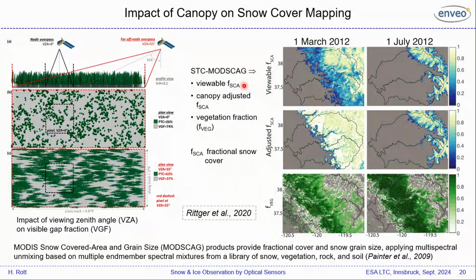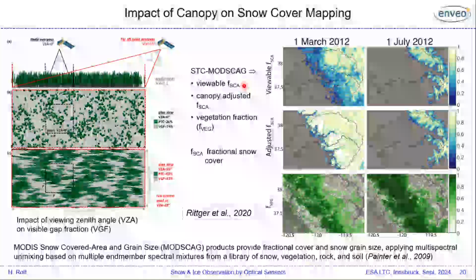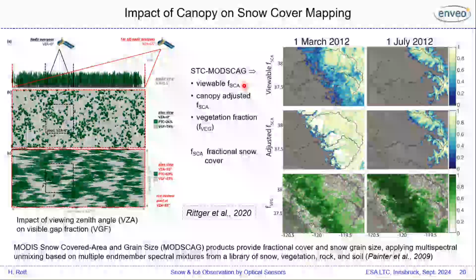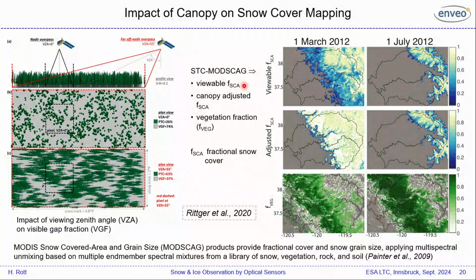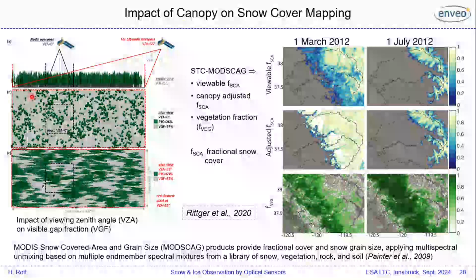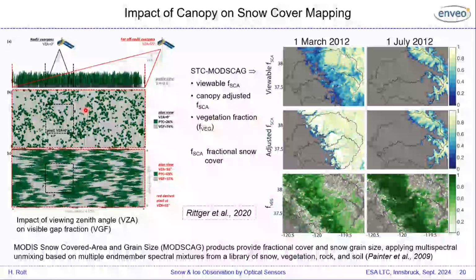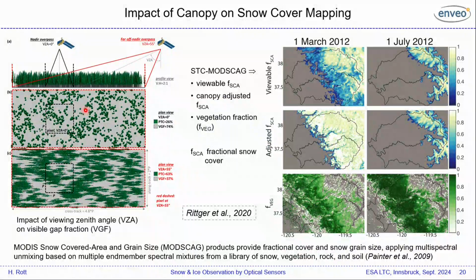Fractional snow cover means percentage of snow cover within a window of whatever window size you use within an image. And if you have a forest, of course, like the open forest here, then it depends very much how much snow you are seeing.